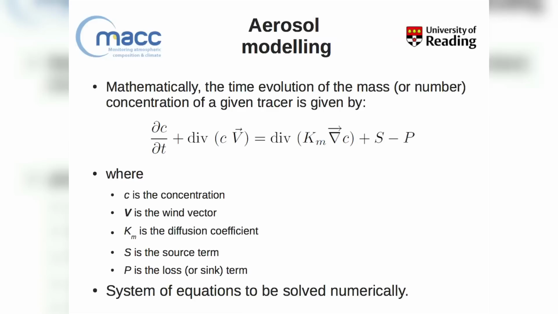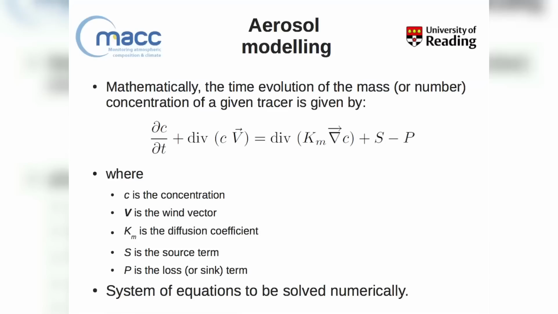So the idea is to write the time evolution of the concentration, so that could also be the number concentration. So it depends on the transport. So this here is the transport term, which depends on the divergence of the wind field.